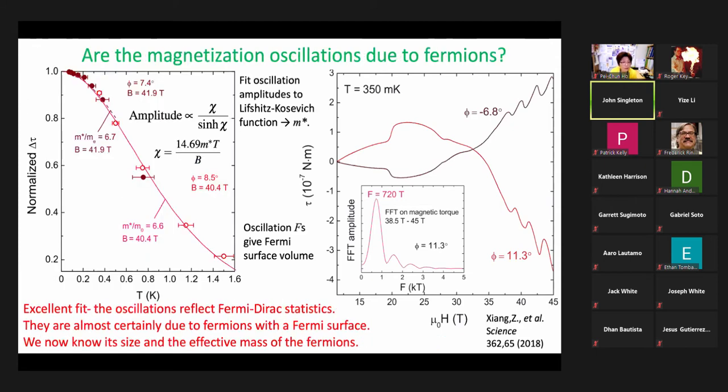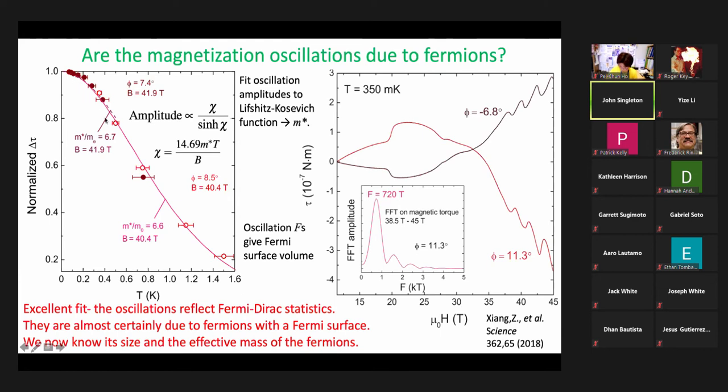So are these magnetization oscillations due to fermions? Well, you remember the Lifshitz-Kosevich formula, after Lifshitz, that I showed you the photograph of, where we could say that the amplitude of the oscillations was this function here in SI units. That means temperature in Kelvin, not Fahrenheit, and B in Tesla, not Gauss. And so we can fit this to the amplitude of these oscillations as a function of temperature.